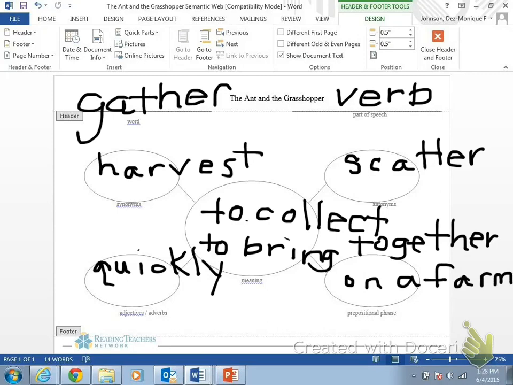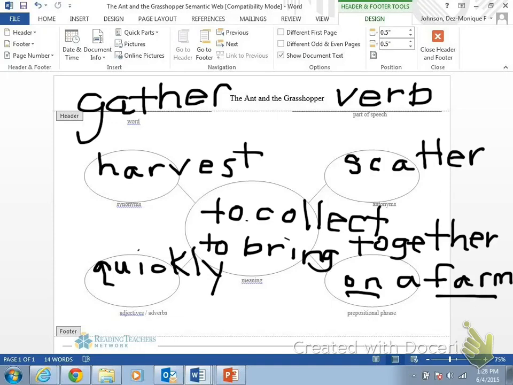Good job. Now you think of another location where someone might gather and write your prepositional phrase. Remember to use a location word: on, under, over, inside, outside. I'll give you a few seconds.